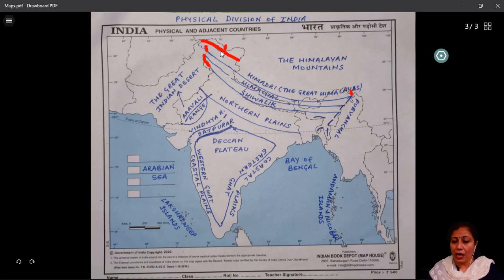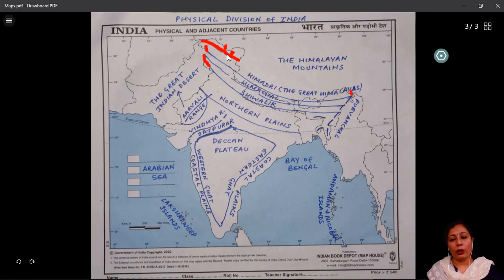It is the second highest mountain in the world and the highest in India, situated in the Karakoram range. One more thing situated here is the Siachen Glacier, the highest glacier of the world. It is the highest battlefield of the world, and it is situated in India.